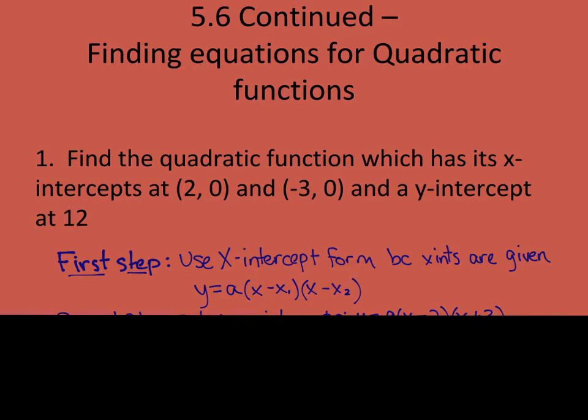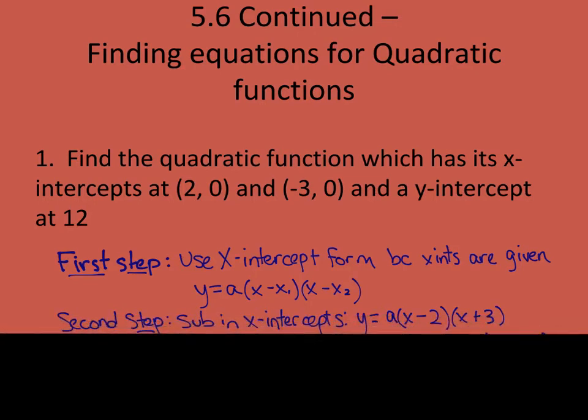And the second step is to actually substitute those x-intercepts into the formula. So you'll see now that I have x minus 2, because my first x-intercept was at 2, and x plus 3, because my second intercept was at negative 3. And if I have x minus negative 3, that would give me x plus 3.